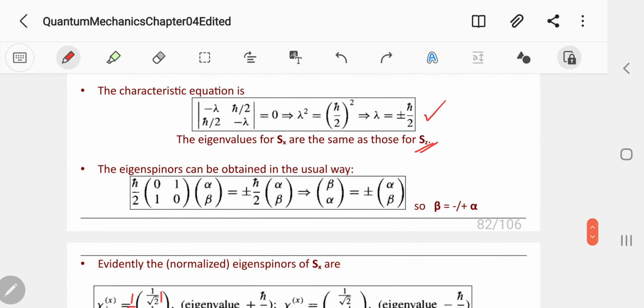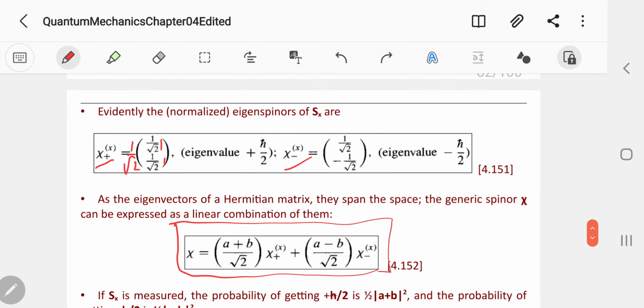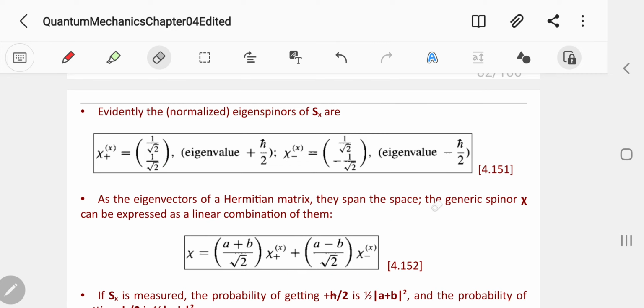For x, for example, you can write it this way. That's the general linear combination for x spinors.